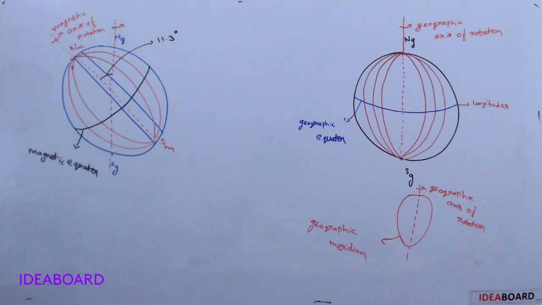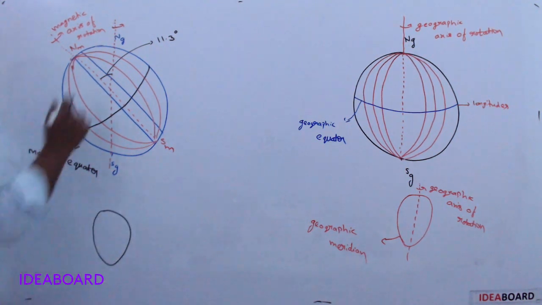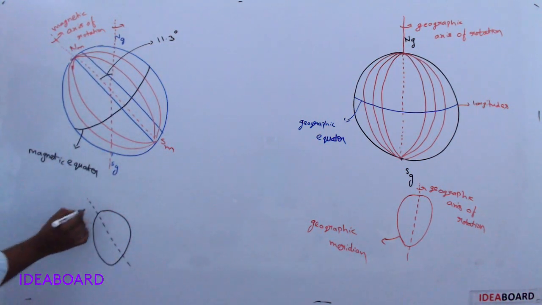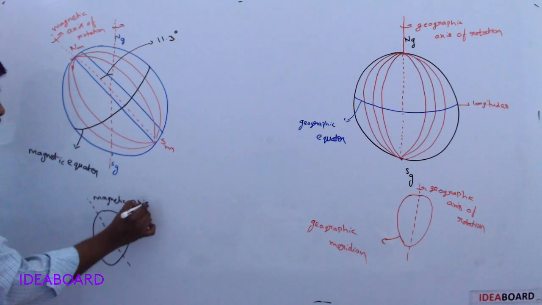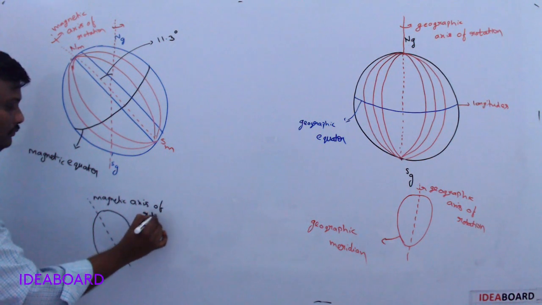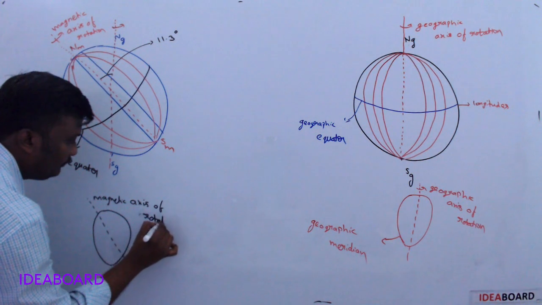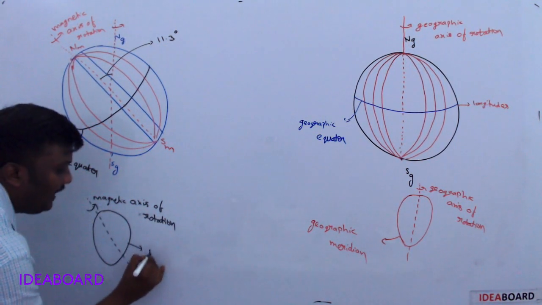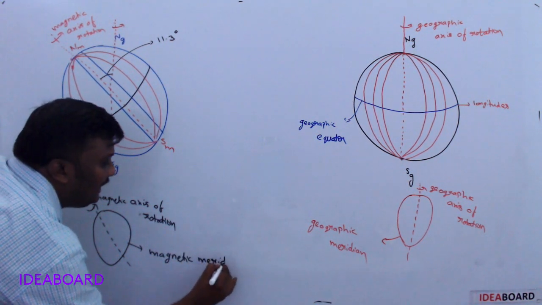Each of these circles having an axis of rotation can be drawn in a plane. One of these circles I took, which consists of the magnetic axis of rotation. Okay, this plane is named the magnetic meridian plane.